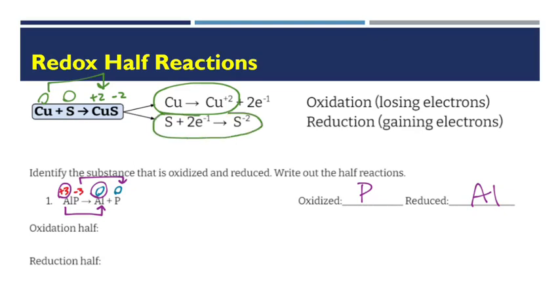Now, we do have some extra electrons here that we're going to add in because that's what's causing these oxidation number changes, the gain or loss of electrons. And remember that Leo the lion says grr, reminds us that losing electrons is oxidation and gaining electrons is reduction.